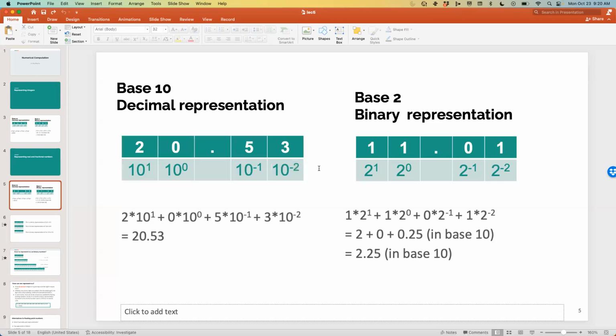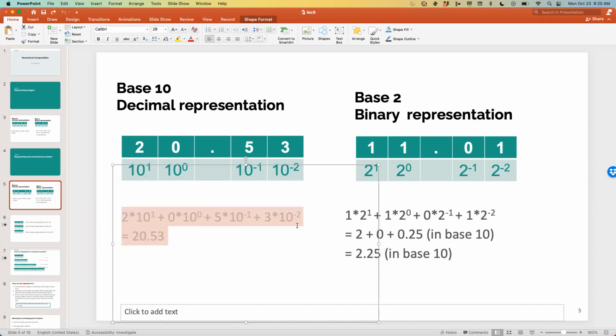If there is a subsequent digit, it will be multiplied by 10 to the power minus 3. So 0.53 is represented by 5 times 10 to the power minus 1 plus 3 times 10 to the power minus 2. All right, so 20.53 can be written in this form, which is the sum of each digit multiplied by some power of 10.